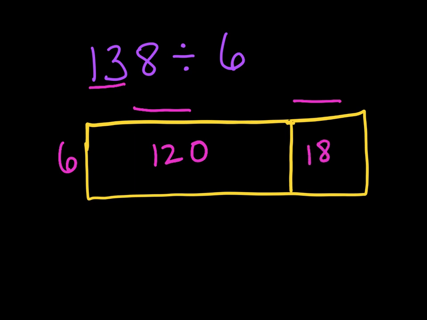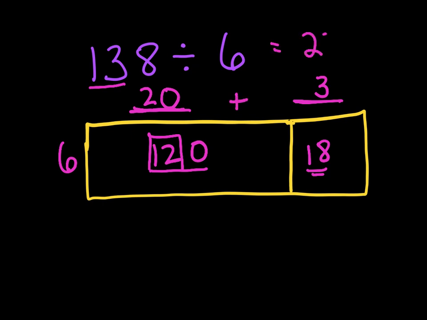So now we're saying to ourselves, 6 times what is going to give me 120? Well, we know 6 goes into 12 2 times, and then bring the 0. 6 times what gives me 18, and that would be 3. So here's our quotients, 20 plus 3, and we get 23.